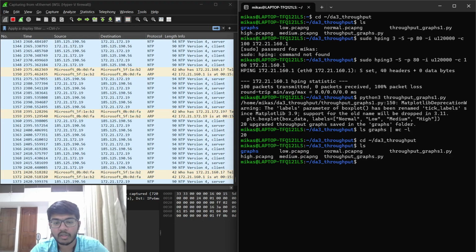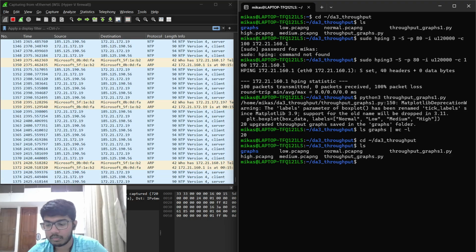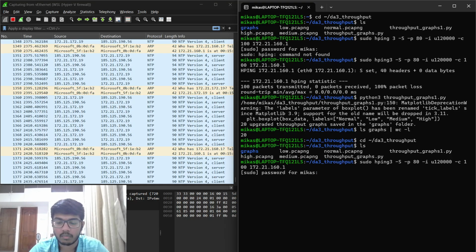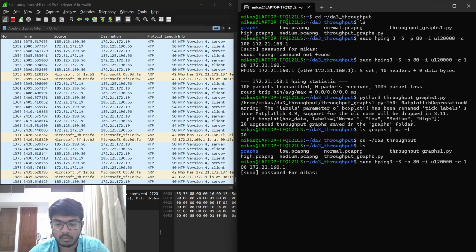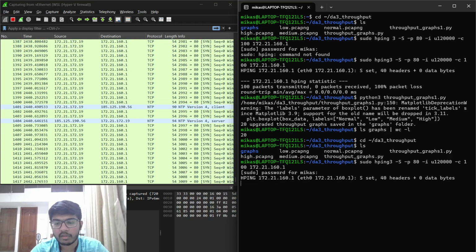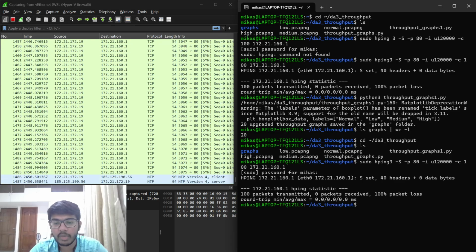I will now demonstrate the low traffic packet generation command used in the experiment. This command sends controlled SYN packets to the local gateway using a defined interval and packet count. Similar commands with lower intervals and higher counts were used for medium and high traffic generation.